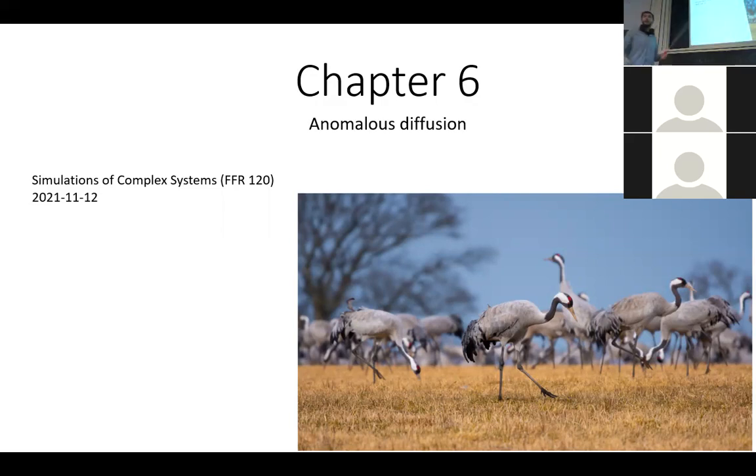So why does it matter to study anomalous diffusion? Can you give me an example of a Brownian motion, the standard Brownian motion? Anything in real life that is operating with standard Brownian motion?